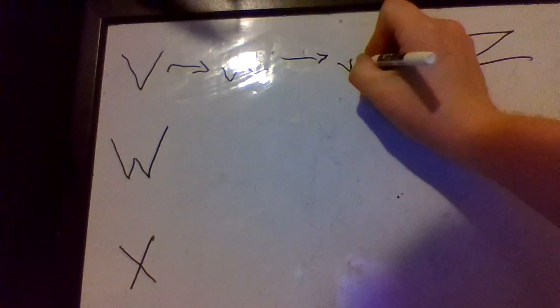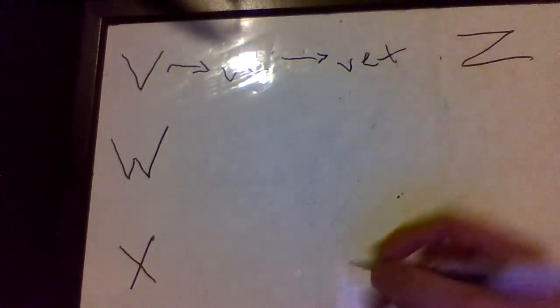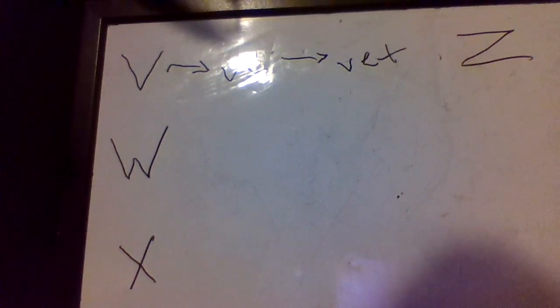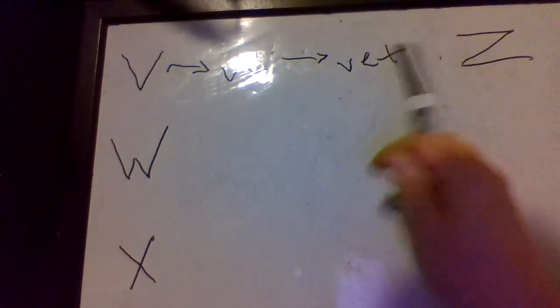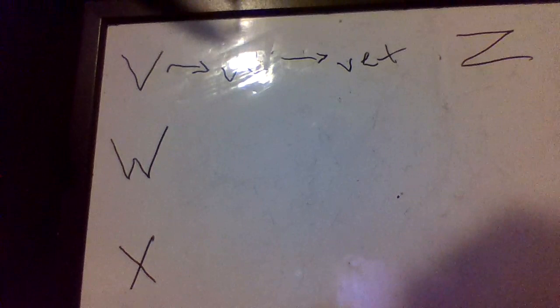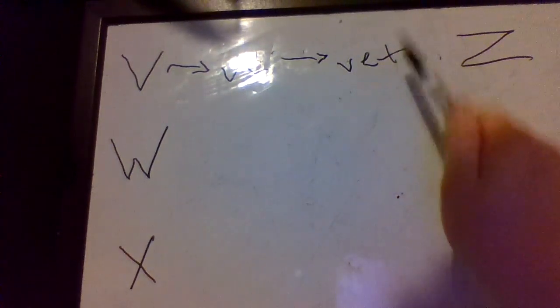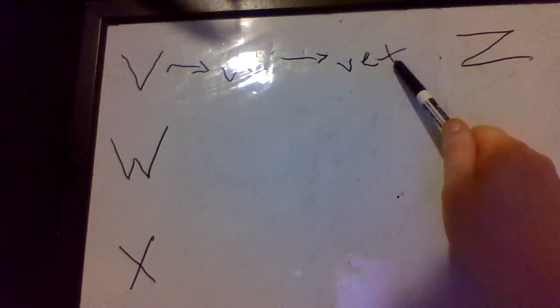V, E. So we've got the T at the end of this word. The T makes a T sound. T, T, T. Now, this word V, E, T. Vet.